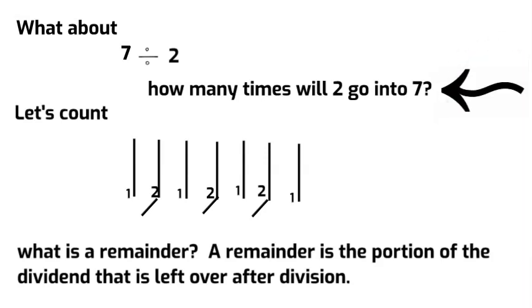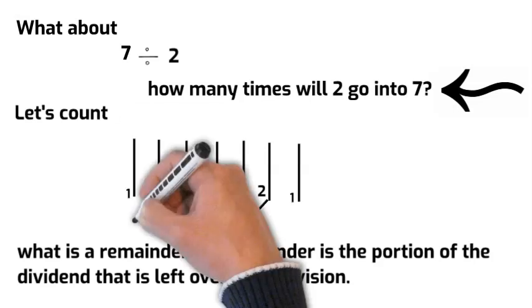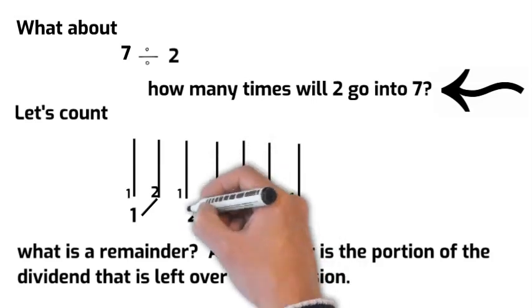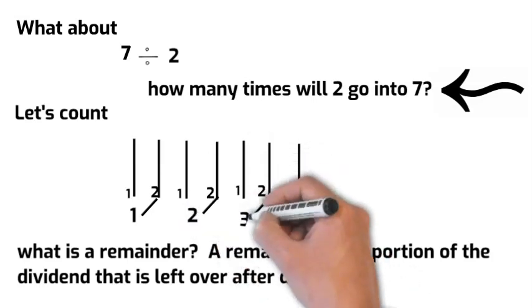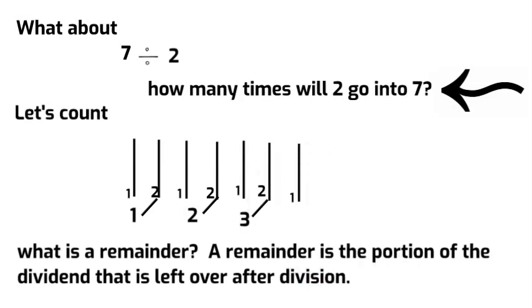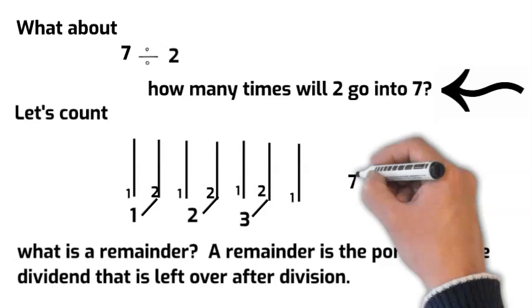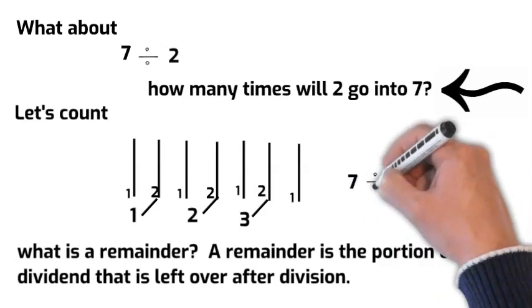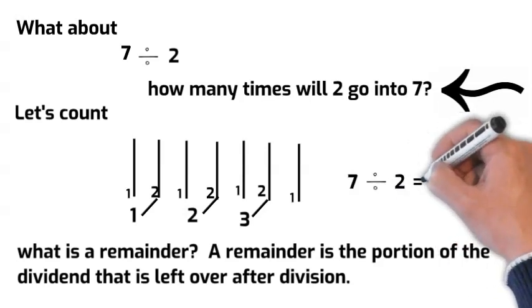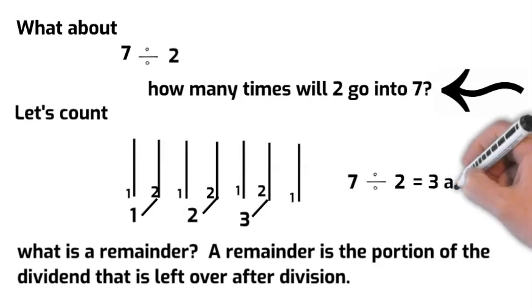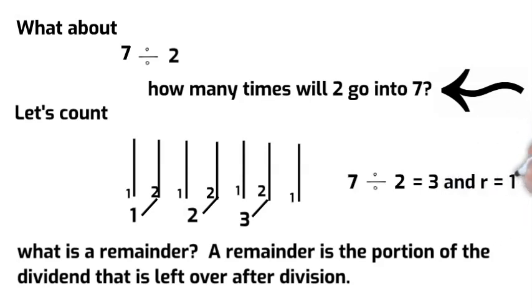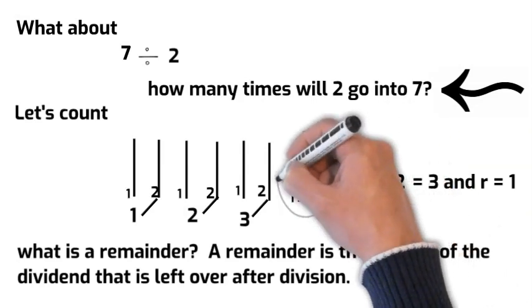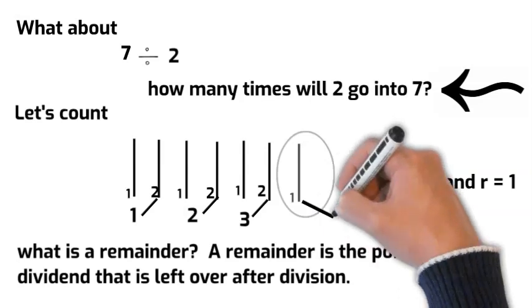So, how many times will 2 go into 7? Count with me. 1, 2, 3. 3 times and a remainder. 7 divided by 2 is equal to 3 remainder 1. 1 is our remainder.